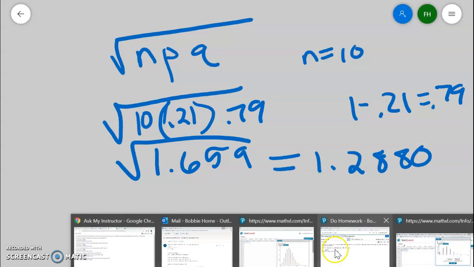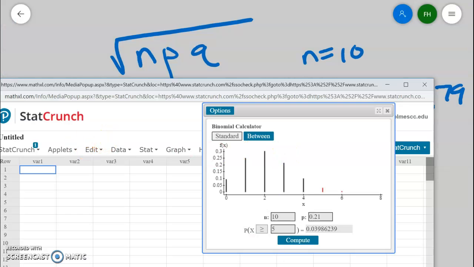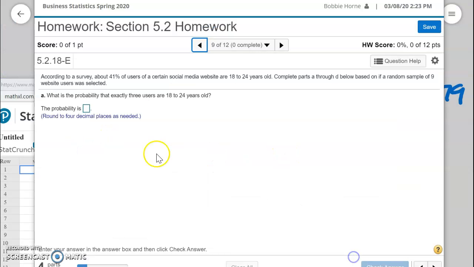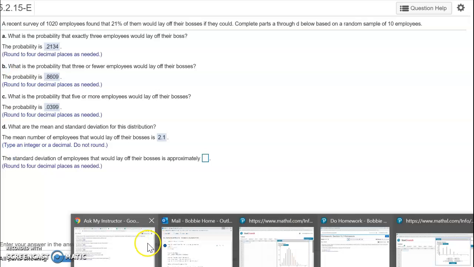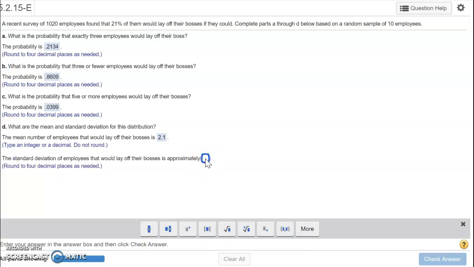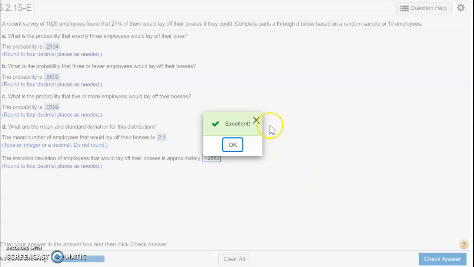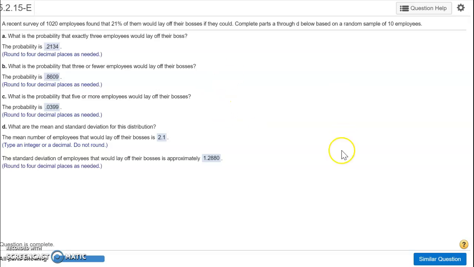Let's see if that's right. And I've got a million problems pulled up, so it'll take me a minute. Okay, here we go. 1.2880. Yep, and that's pretty much how you will work these, because they do want you to use technology here.